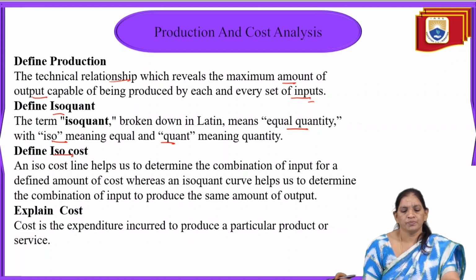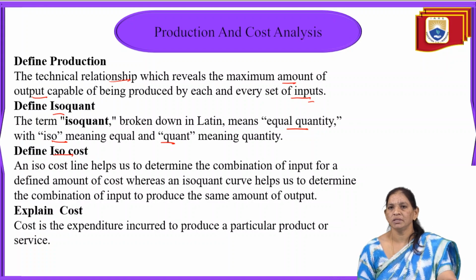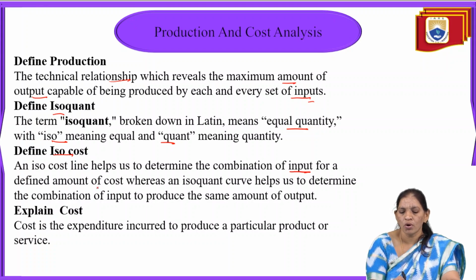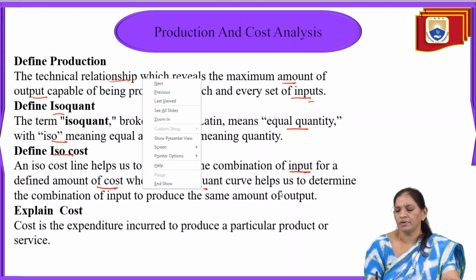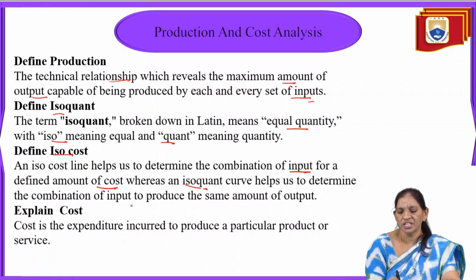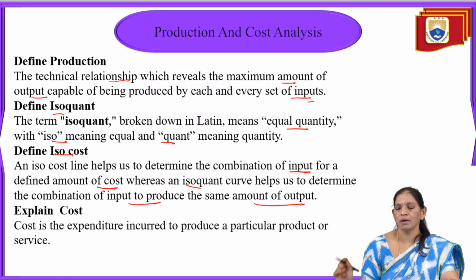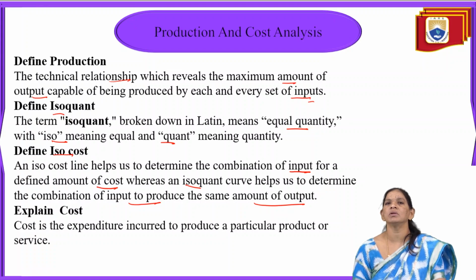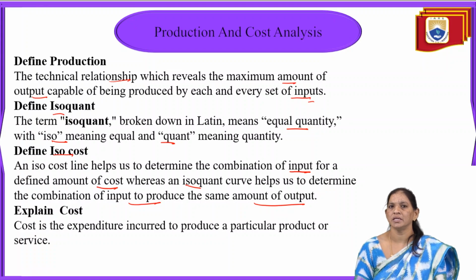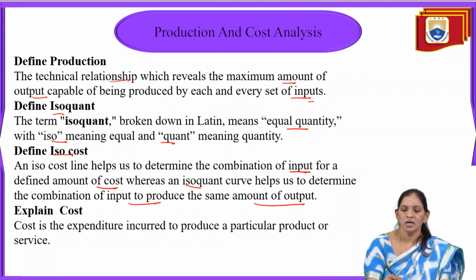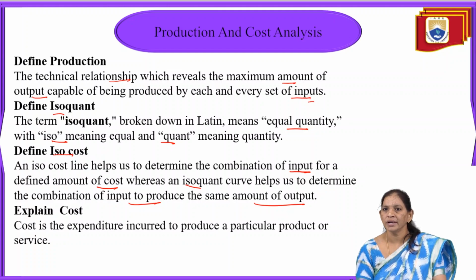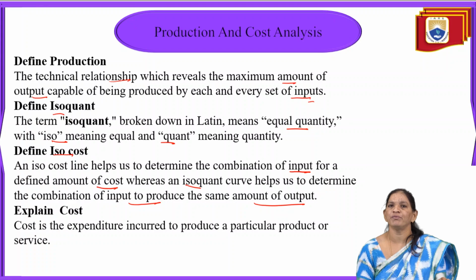Define isocost. An isocost line helps to determine the combination of inputs for a given amount of cost, whereas an isoquant curve helps to determine the combination of inputs that produce the same amount of output. Here we have seen that in isoquant, iso means equal and quant means quantity. Now in isocost, iso means equal and cost means cost, that is, the amount the organization determines to keep for the production of certain units of goods or a certain activity.